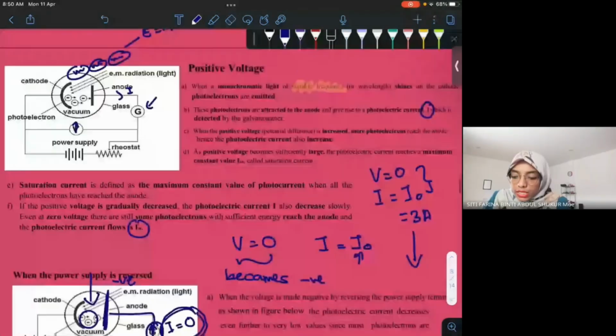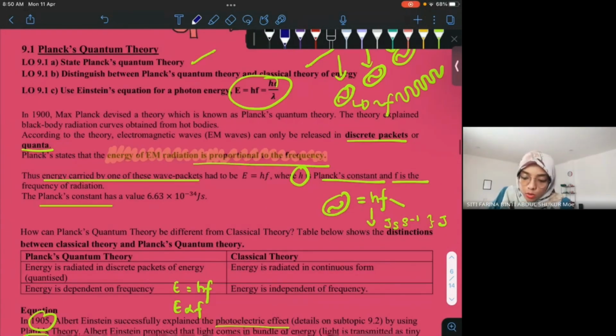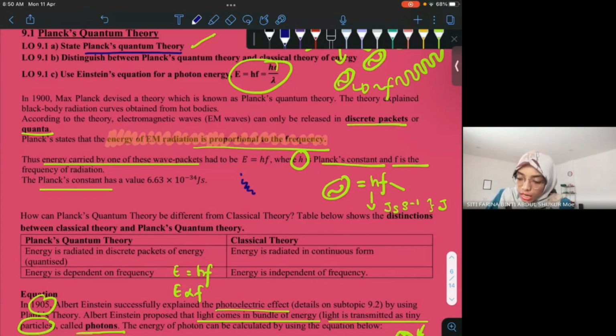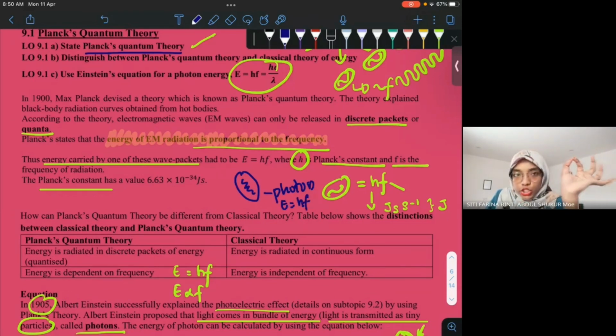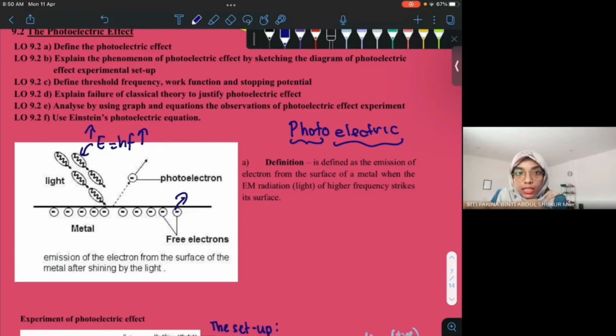Okay, the first thing we learned here is what Planck's quantum theory is. We said each of our waves is a packet, a bundle. Okay, we call this a photon, light. Light has energy E equals HF. And then we said how this light produces the current, photoelectric.